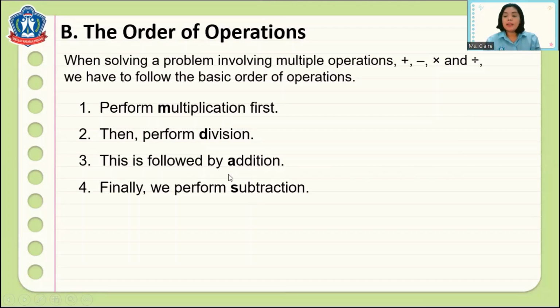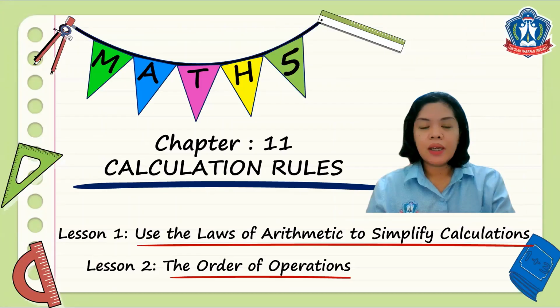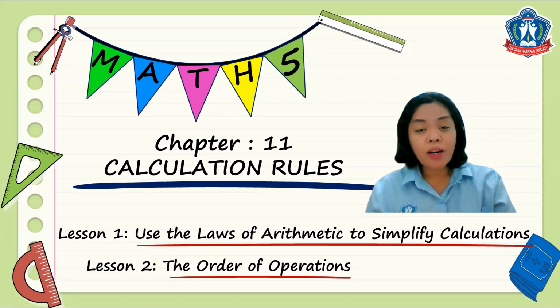So we have MDAS, or think of "my dinner and supper." Multiplication followed by division, addition, and subtraction. Okay, P5, please remember this order of operations. That's all about Chapter 11, Calculation Rules. I will discuss more about this lesson during our class.